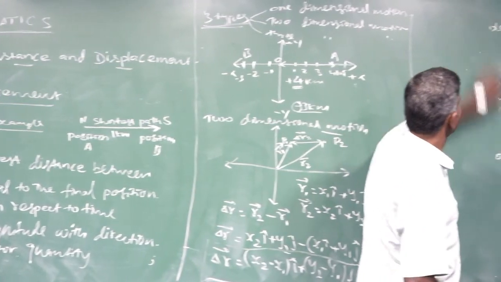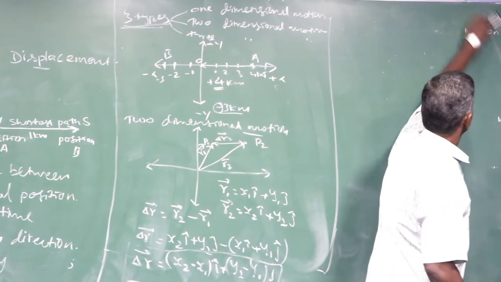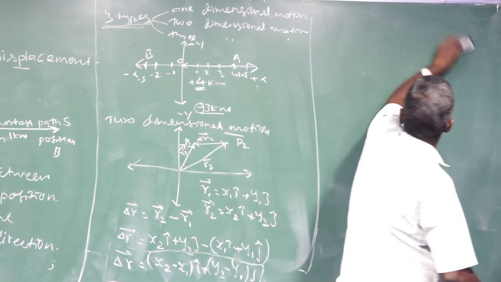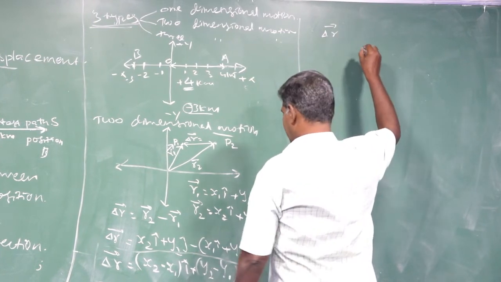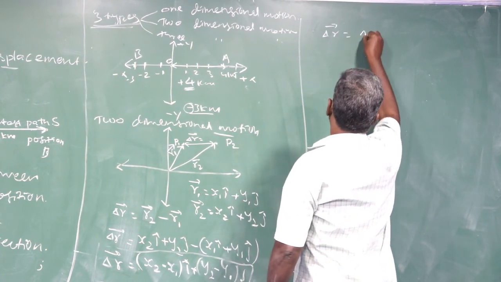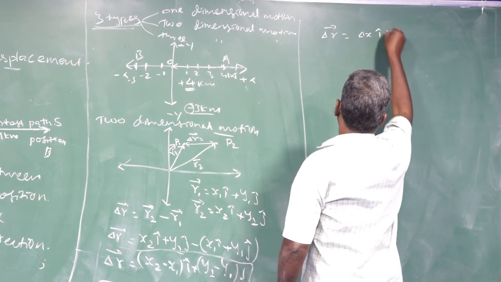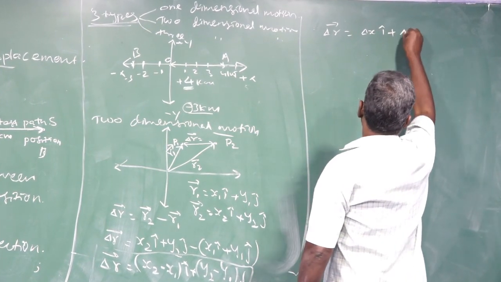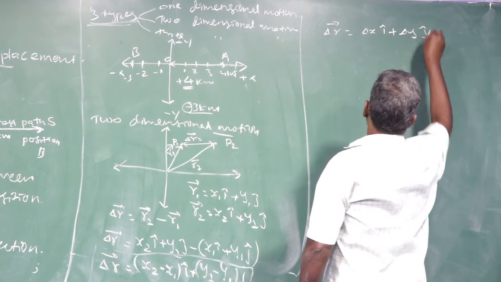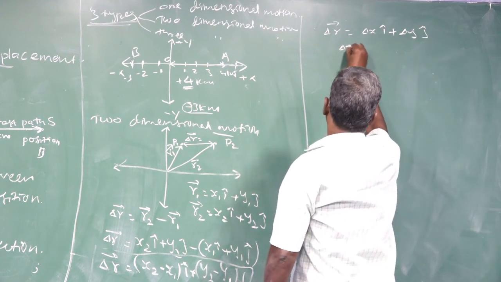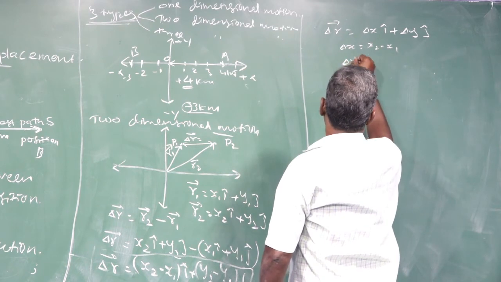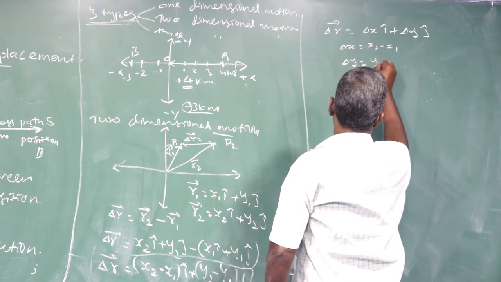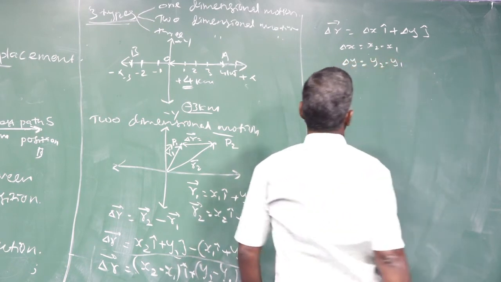Then the del R vector can be taken as del x into i cap plus del y into j cap. Del x is equal to x2 minus x1. Del y equals y2 minus y1.